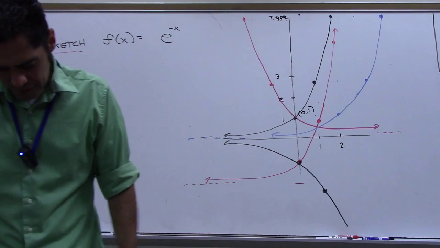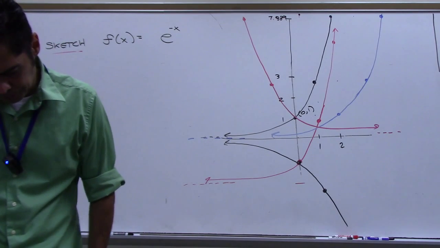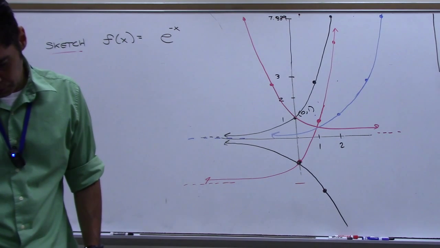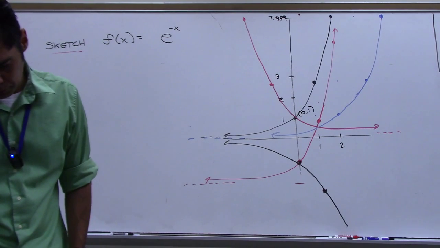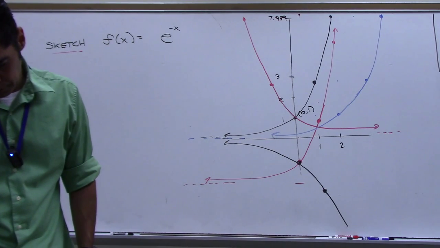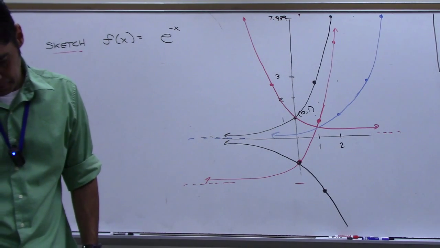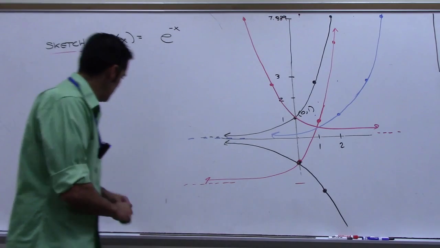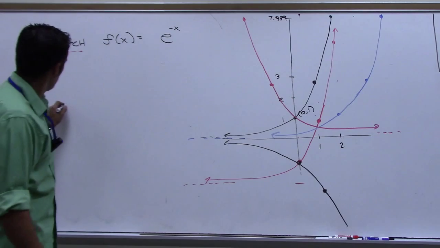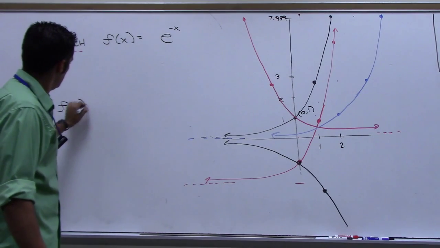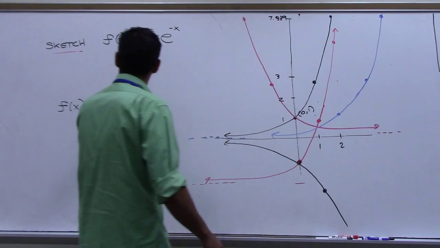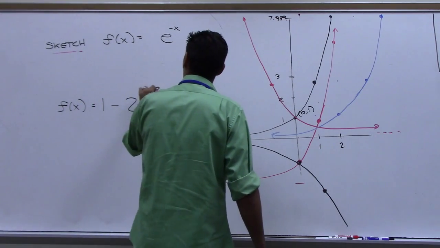It asks you to graph something like one minus 2 to the x plus 3.